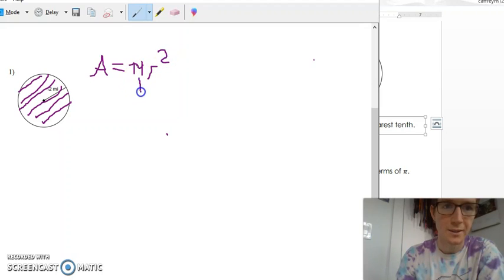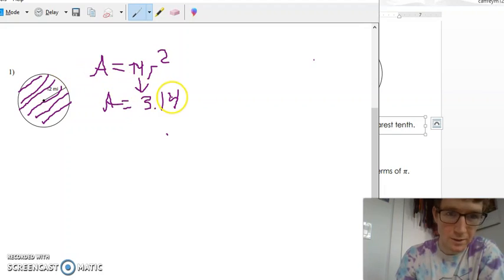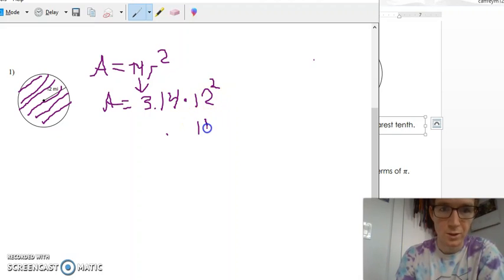This pi here always is 3.14. So basically area is 3.14 times the radius squared. Here our radius is 12. So times 12 squared. 12 squared is 12 times 12. 12 times 12 is 144.